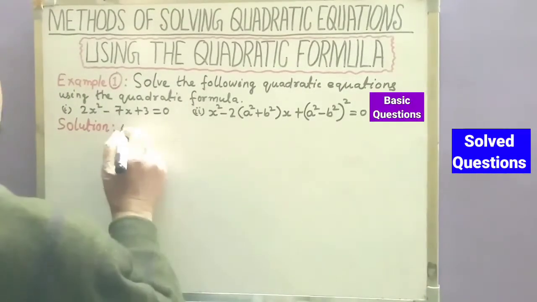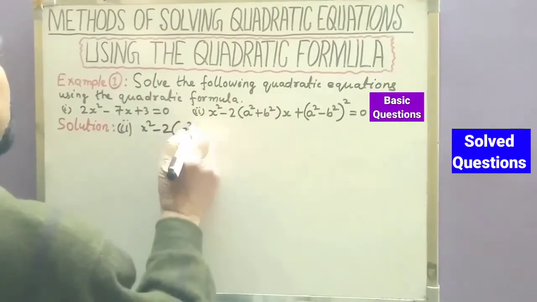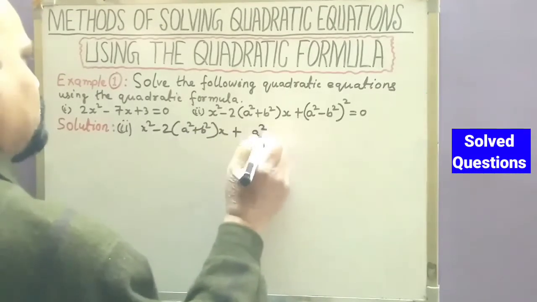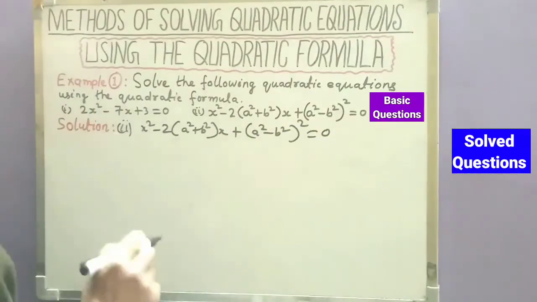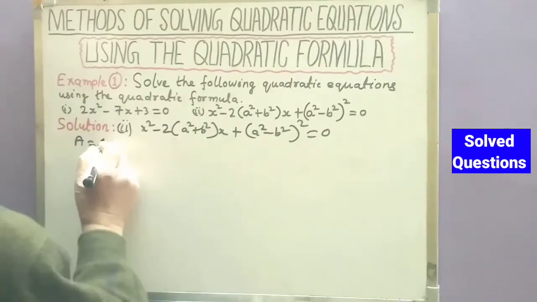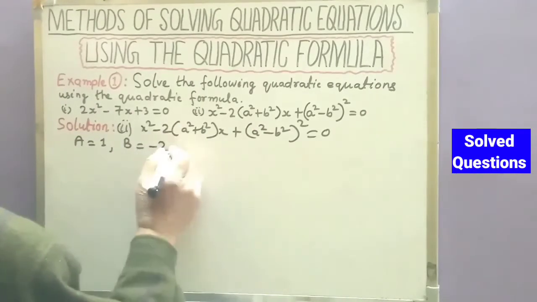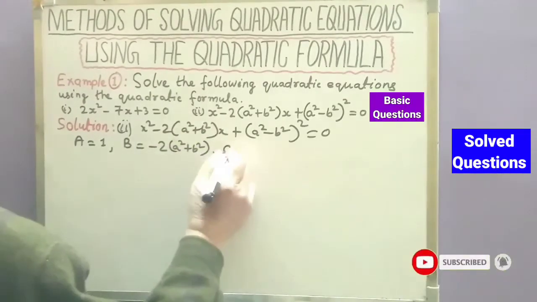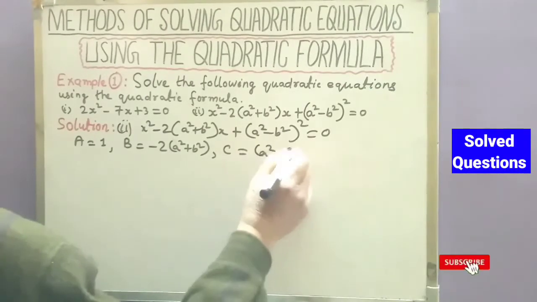Second part, we have x² − 2(a² + b²)x + (a² − b²)² = 0. Now, comparing it with the standard form of the equation, we get a = 1, b = −2(a² + b²) and c = (a² − b²)².